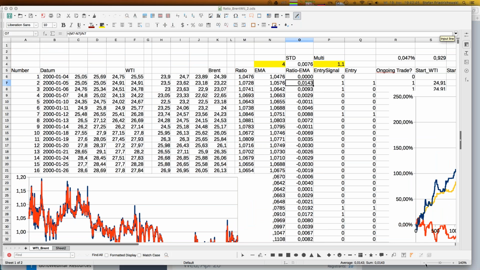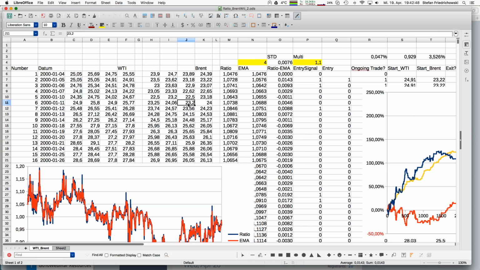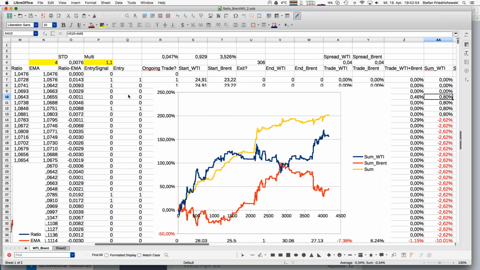Let me zoom a little bit out, so then you can see what else is within that Excel sheet. Finally, I look for all the trades which are opened according to those rules. So the opening rule is whenever we have that huge deviation. The closing rule is whenever we come back to normal behavior, then we close the trades. Since it's a pair trade, we always open a trade on WTI and we open a trade on Brent.